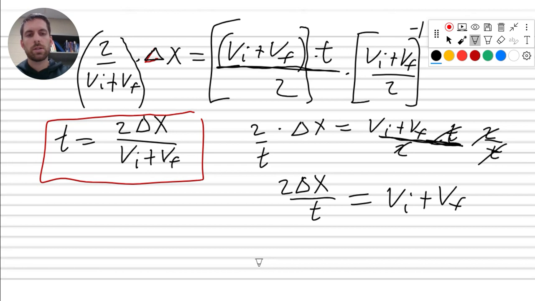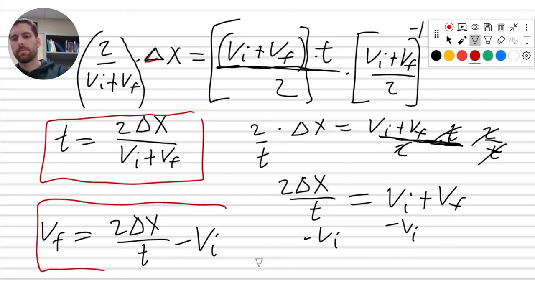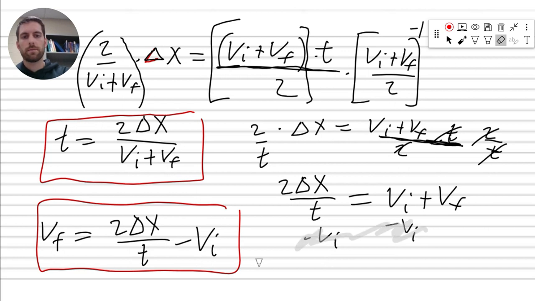And then I just have to decide which one I want. If I want v final, v initial goes on the left and is negative, or right, as it were, if I change that around by subtracting vi from both sides. So that's another one. And if I want v initial, I just have to subtract v final.